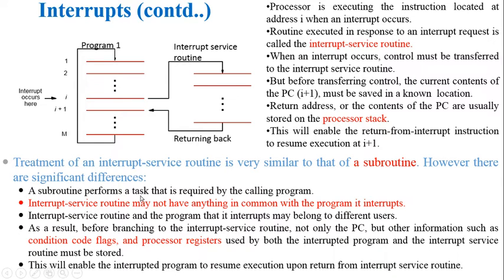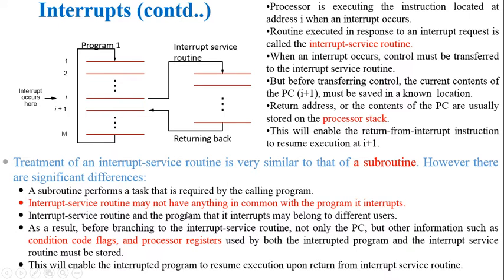A subroutine performs a task that is required by the calling program itself, the program that calls the subroutine, in order to support its execution. But an interrupt service routine may not have anything in common with the program it interrupts. That means the interrupt service routine performs a task that may not have any connection with the program that is suspended by servicing the interrupt request.